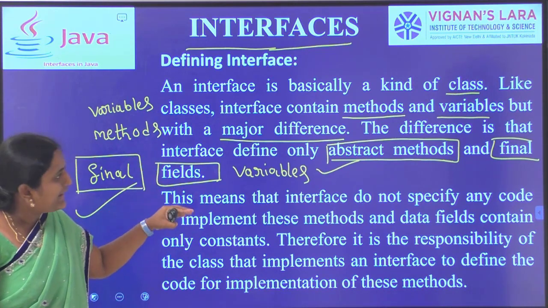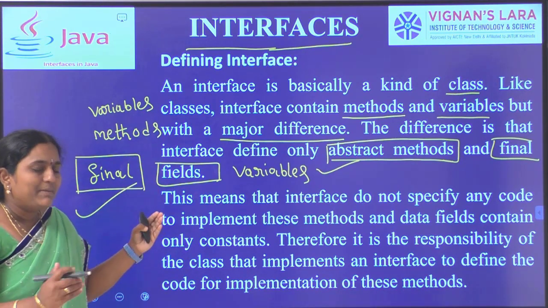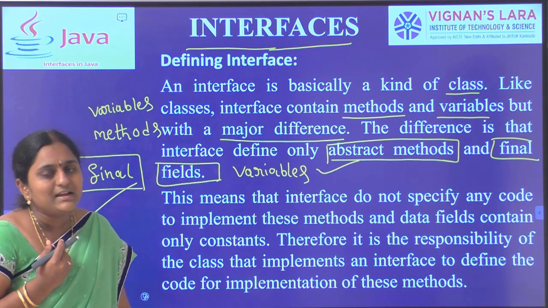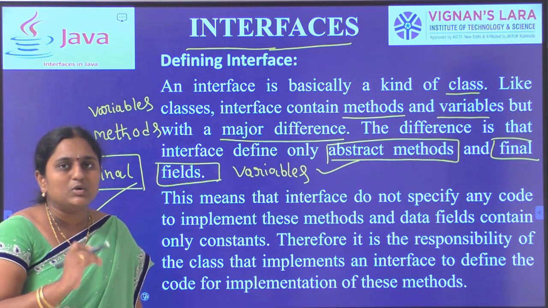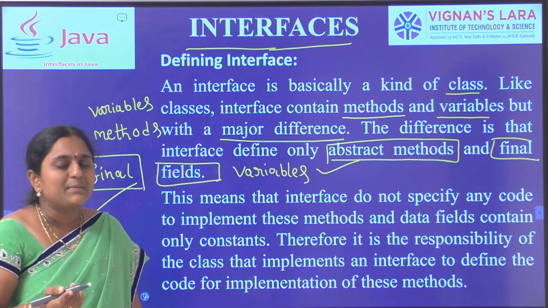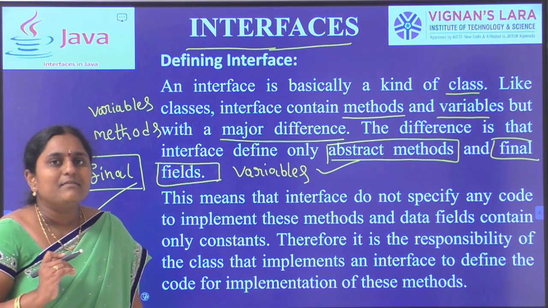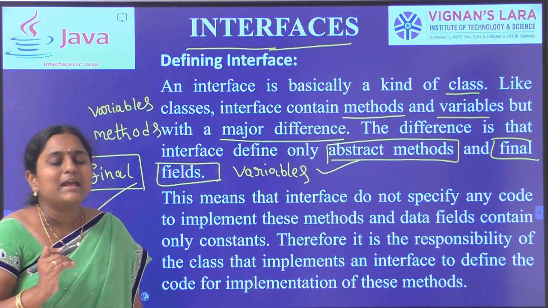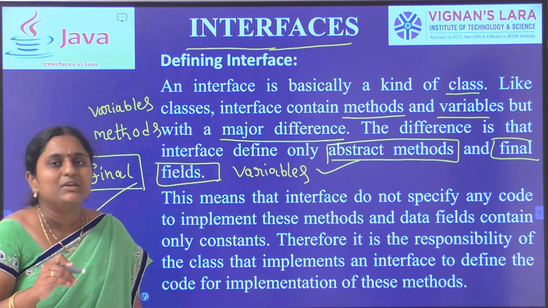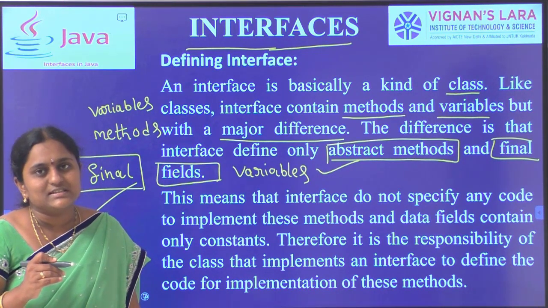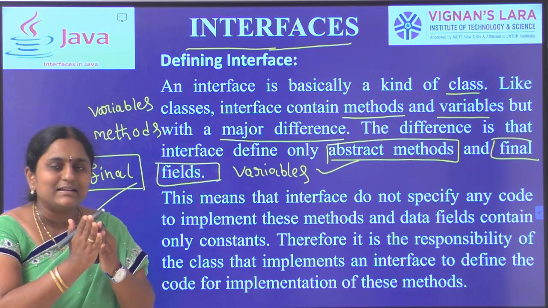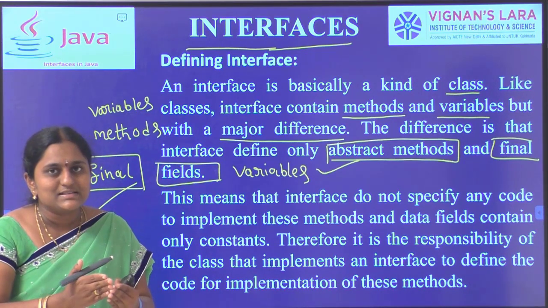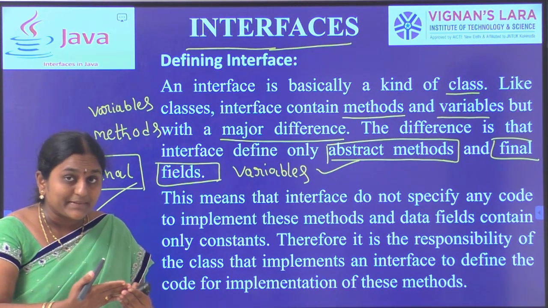An interface also contains variables and methods, but methods are implicitly abstract, meaning they contain only method declarations without any body. Variables are declared as final, and they act as constants in Java. This is the difference between class and interface. A class contains variables and methods, and the methods have a body.